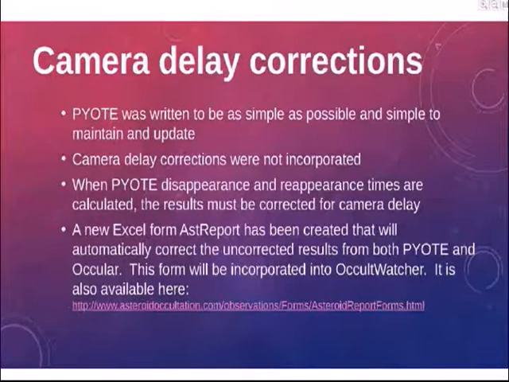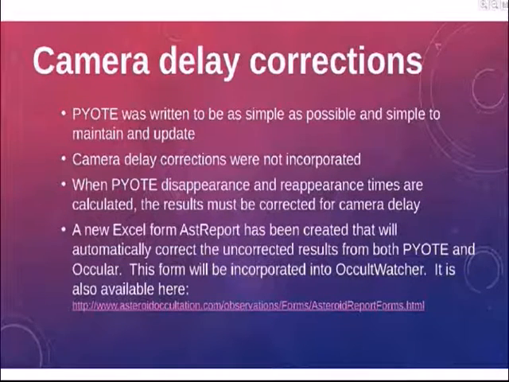And you might say, well, that's going to be a mess. Well, in order to facilitate that, we created a new Excel form, the same form that's included in Occult Watcher. All you have to do is input the raw PYOTE disappearance and reappearance times into the form. Make sure that you have the right camera and the settings checked, and the form will automatically correct those results.